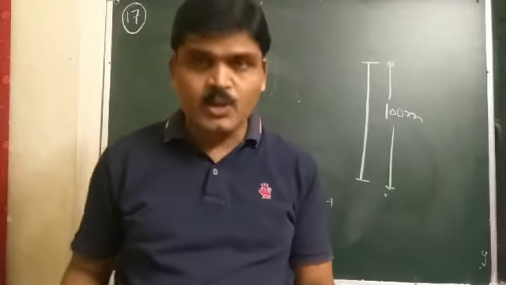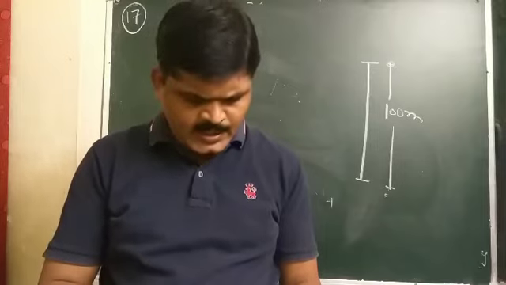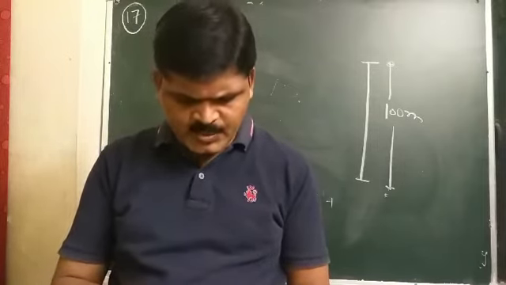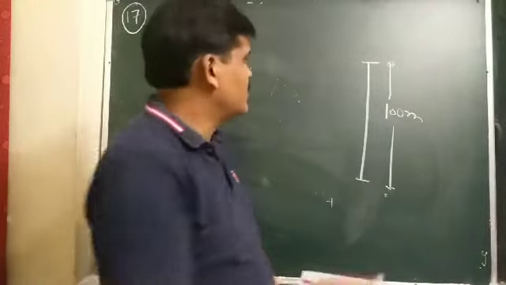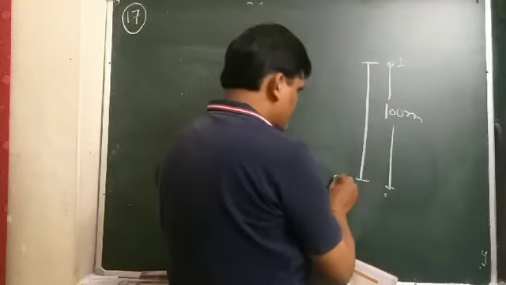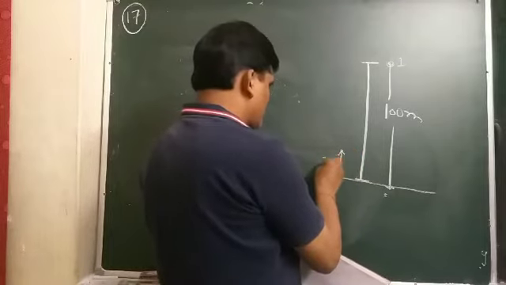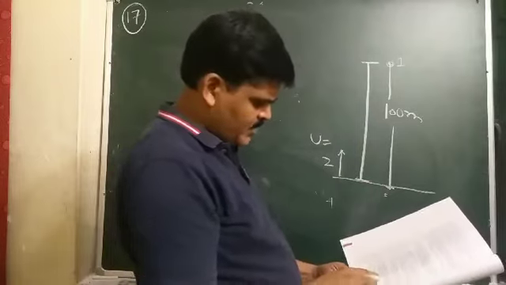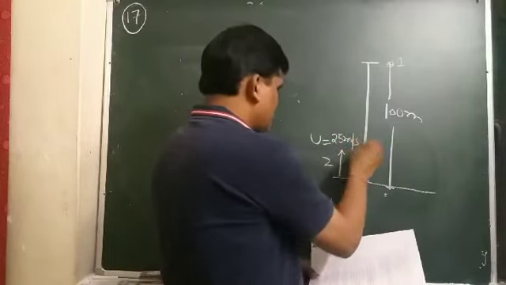A stone is allowed to fall from the top of a tower 100-meter high, and at the same time another stone is projected vertically upward from the ground with a velocity of 25 meter per second. So this is stone 1, and another stone, stone 2, is thrown vertically upward with a velocity of 25 meter per second.